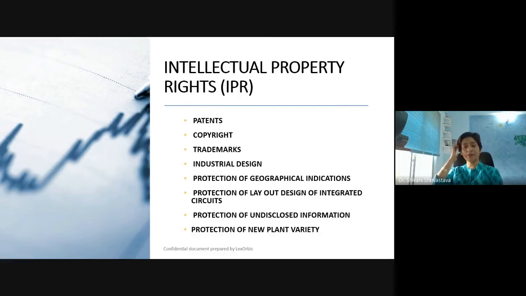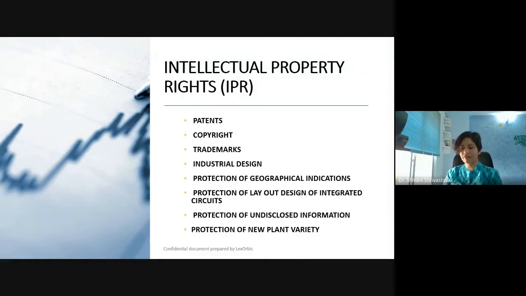The other form of IPR is industrial design. This option is to protect the design of any article or of any product. There is a slight difference between patents and industrial design. When we are filing a patent application, we are covering everything related to the technology.